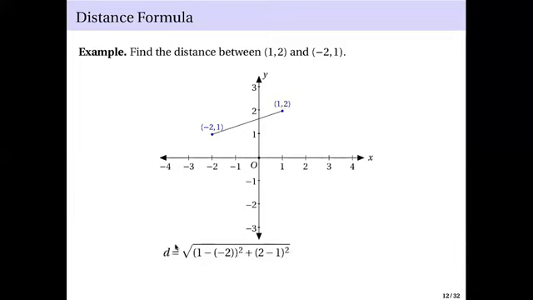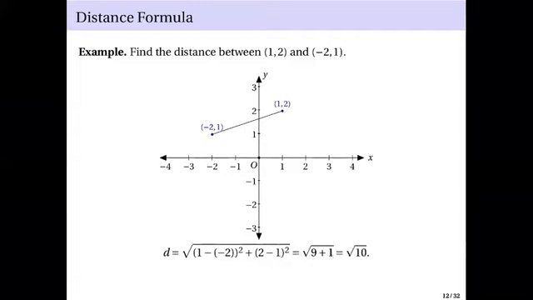You add them, you get the square root, and that will be the distance here. So if you calculated this, 1 minus -2, that's 3. You square it, that's 9. 2 minus 1, that's 1. You square it, that's 1. And therefore, you will get the square root of 10.